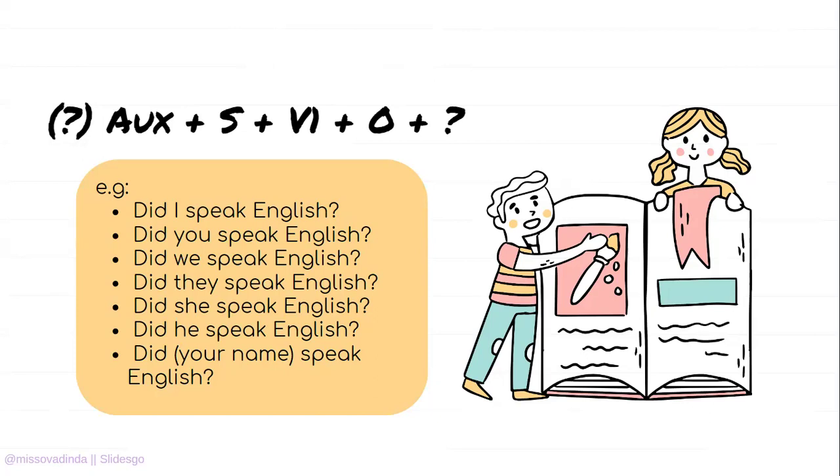So did comes first, then the subject, and every did must be followed by verb 1, and then an object or complement. Don't forget the question mark if you write it down.